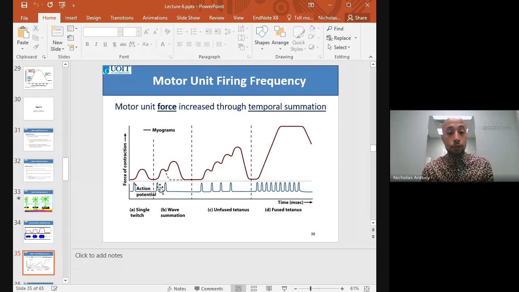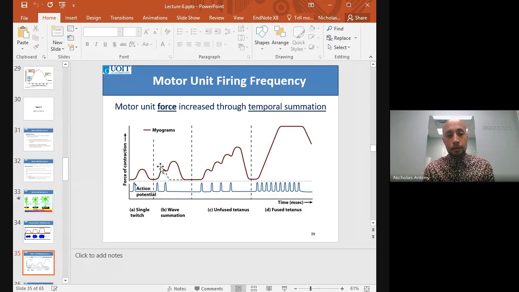Whereas if you have two in a row, given the refractory period of a neuron, remember you can reactivate it. Once the absolute refractory period is over in a neuron, it can have another action potential. So in this case, we have two action potentials of the same motor unit in a row.